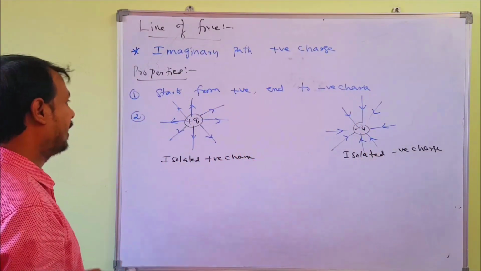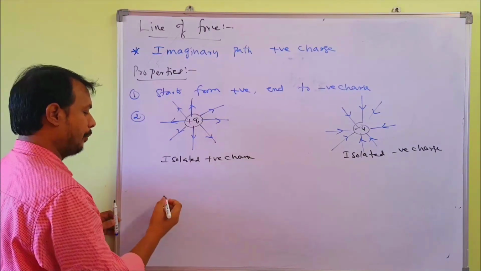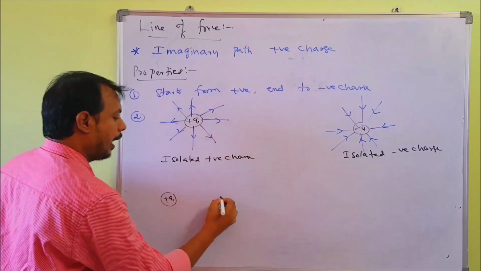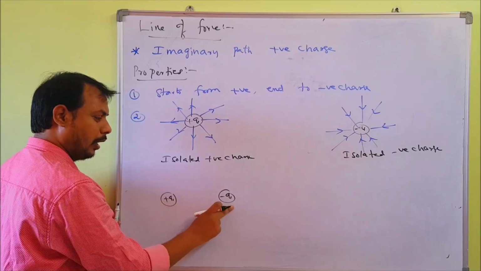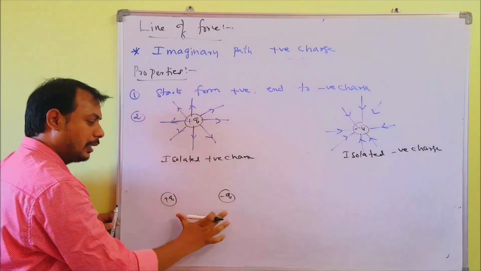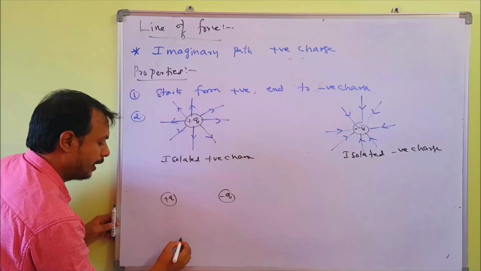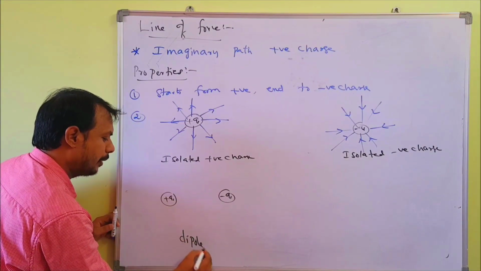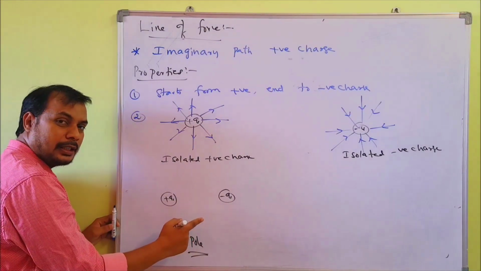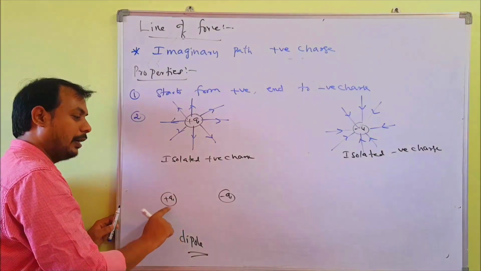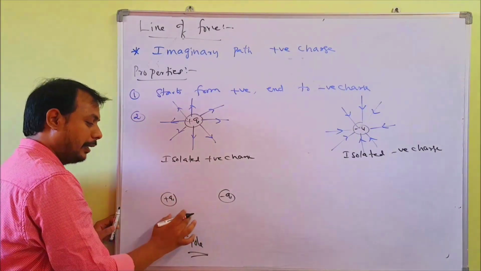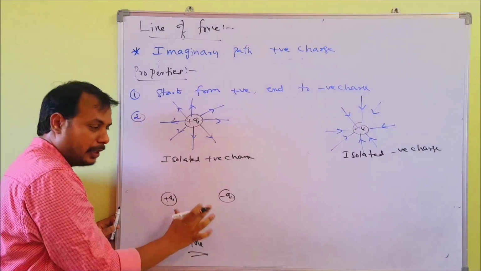If it is an electric dipole, what do you mean by the electric dipole? Two equal but opposite charges separated by a minimum distance, that arrangement is called an electric dipole. Di is nothing but two, so two different charges of the same magnitude, unlike charges, separated by a certain minimum distance.